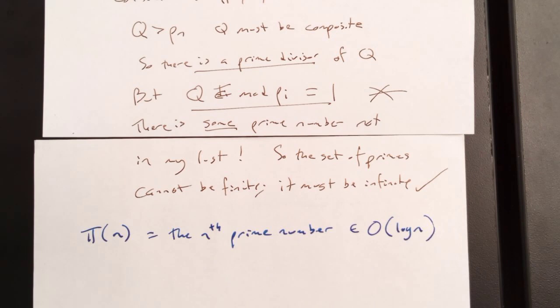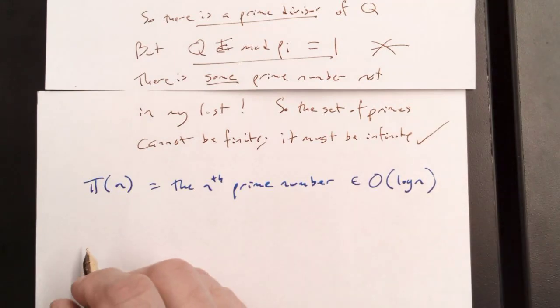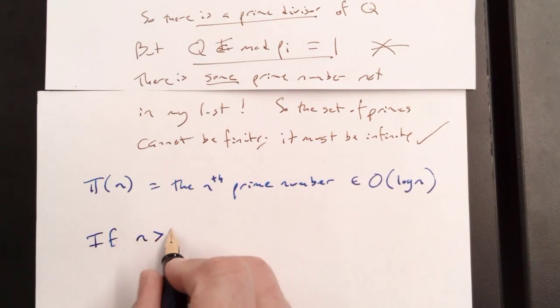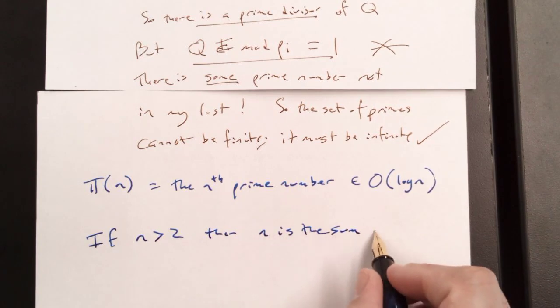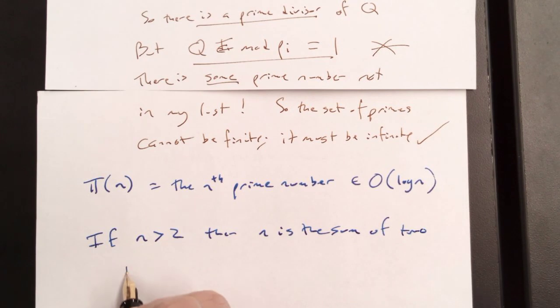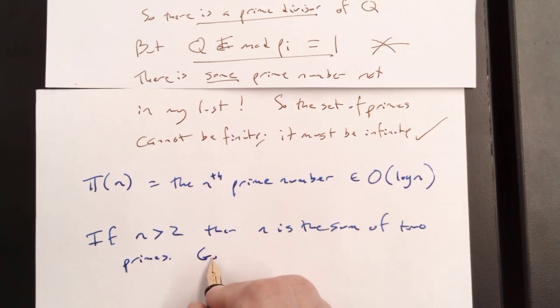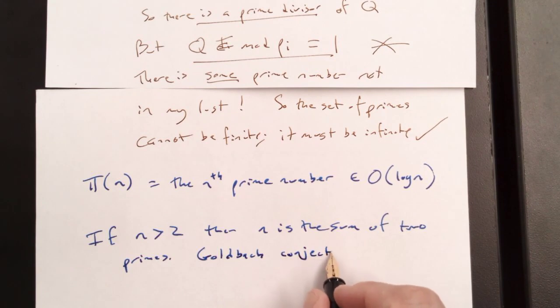Things like this: this is a conjecture. It's called the Goldbach conjecture. Nobody knows if it's true or not.